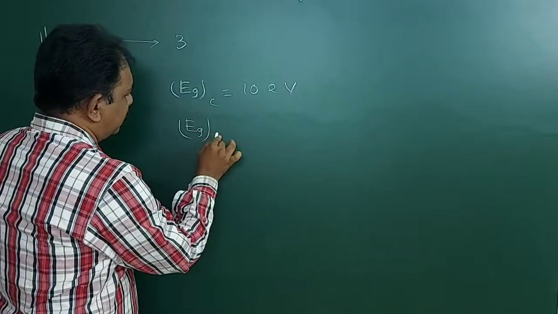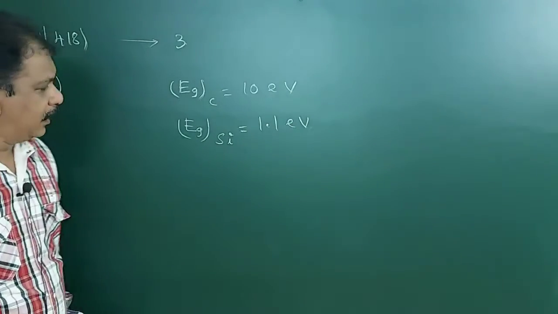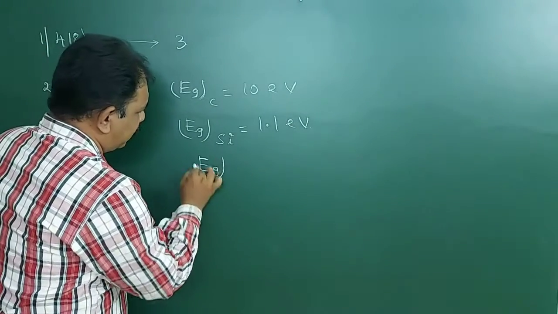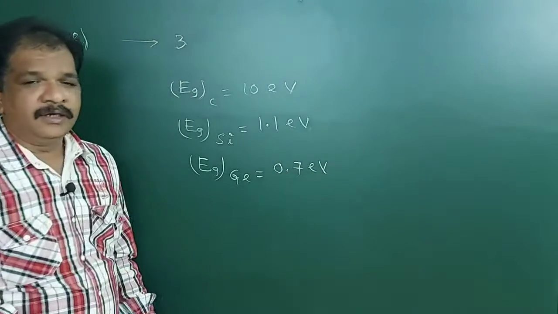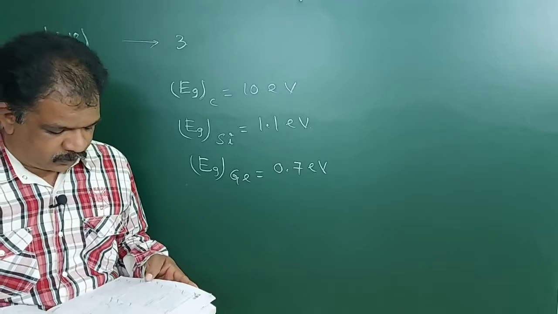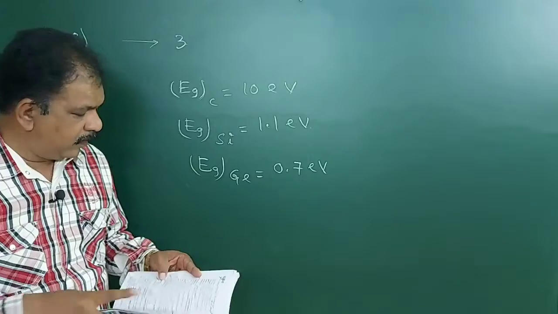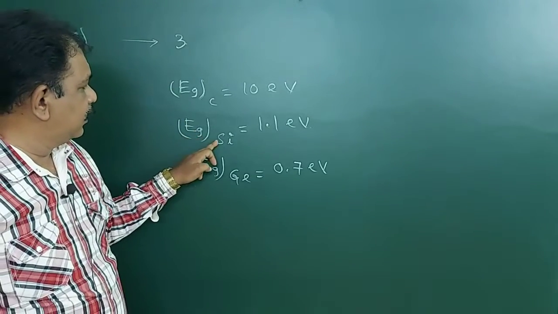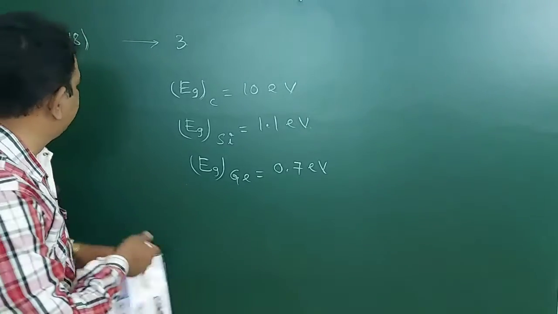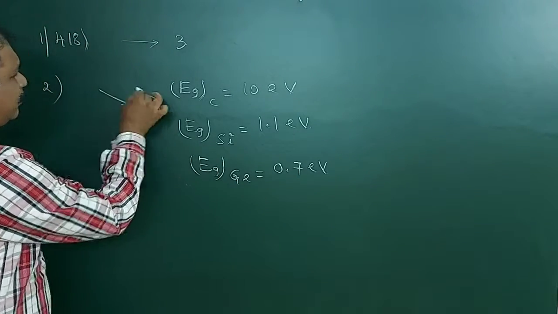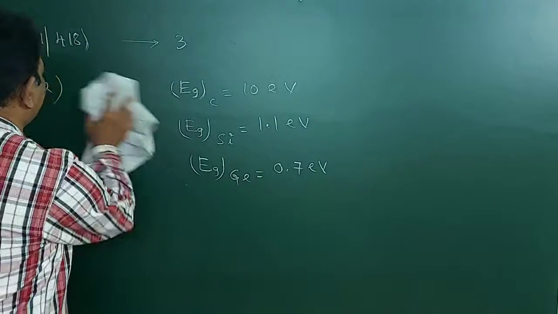Eg of Si will be 1.1 electron volt. Energy gap of germanium will be 0.7 electron volt. So the correct relation is Eg of C greater than Eg of Si. First option will be correct. Check the remaining options, those are not correct. So second question, it will be first option.